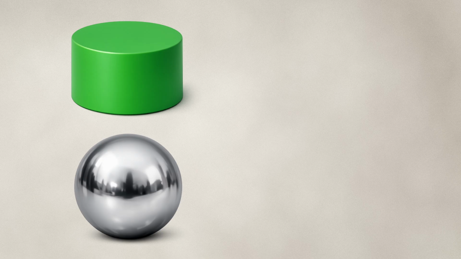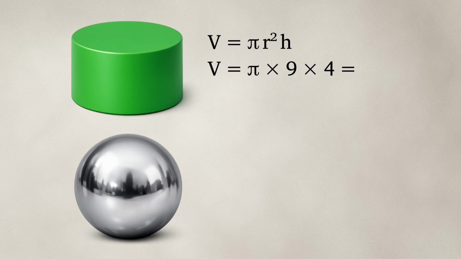Okay, let's settle this. Again, the cylinder is pi times the radius squared times the height. So with a radius of 3 and a height of 4, we get pi times 3 squared, which is 9, times 4. And that gives us 36 pi, or approximately 113.1 cubic units. Now the sphere.